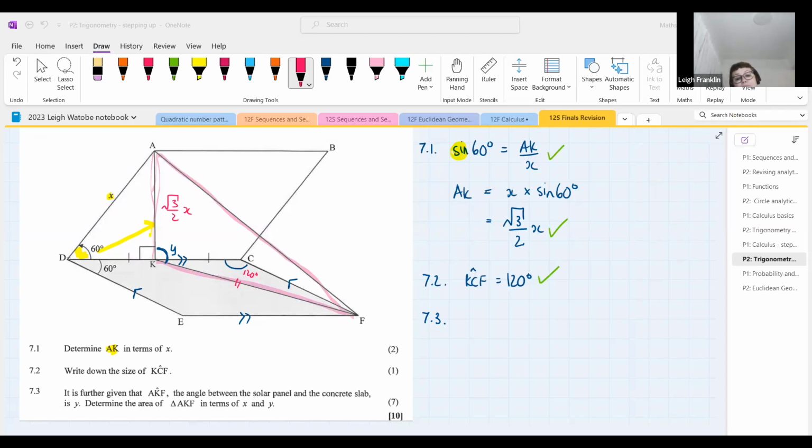So it is possible for us to determine the length of CF as well, because we know that CF equals EF equals DE equals DC. So what do you think we should do with that information?